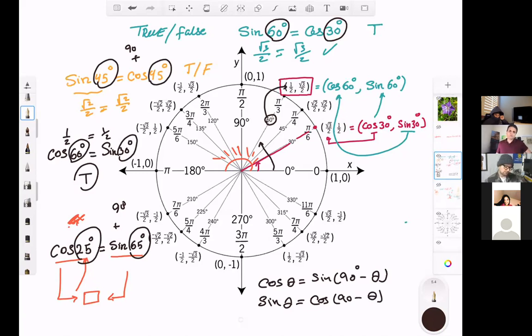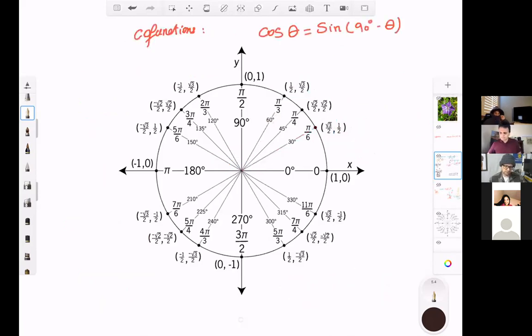Good. So you don't need to use a calculator if I say true or false. If you add them, you get 90 degrees, that means they are co-functions. So sine of theta equals cosine of 90 minus theta.